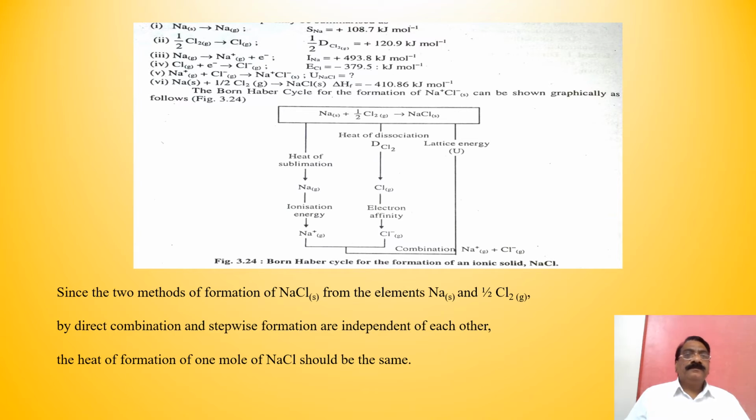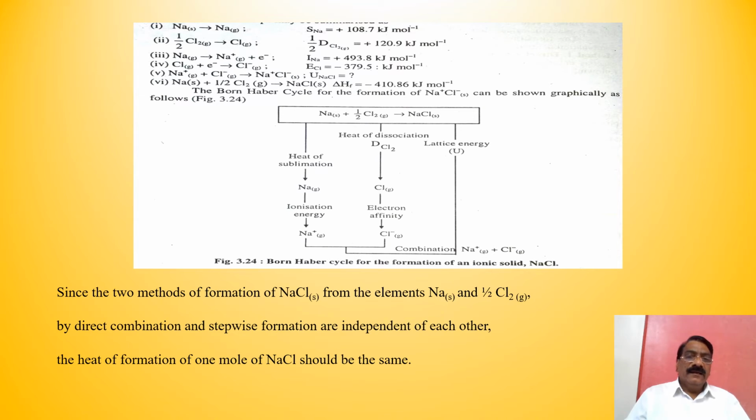And in the fifth step, Na plus gaseous and Cl minus gaseous combine to give NaCl solid. The overall reaction is Na solid plus half Cl2 gas gives NaCl solid, delta HF is equal to minus 410.86 kilojoule per mole.